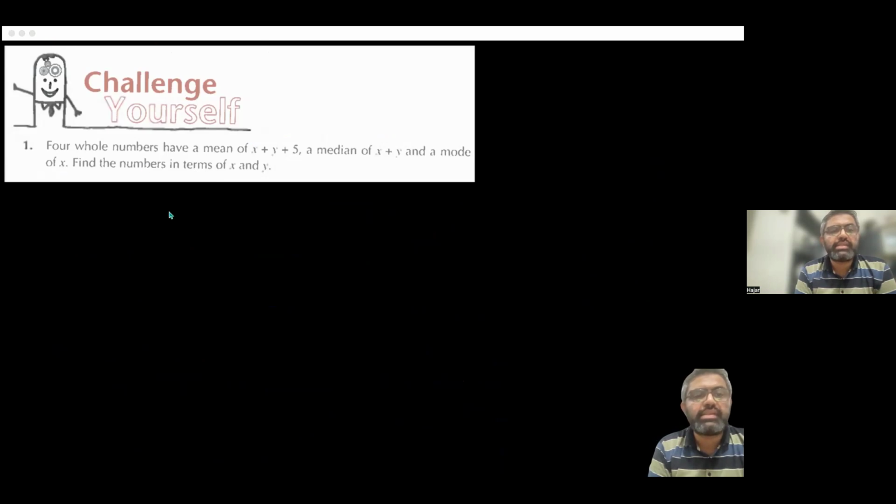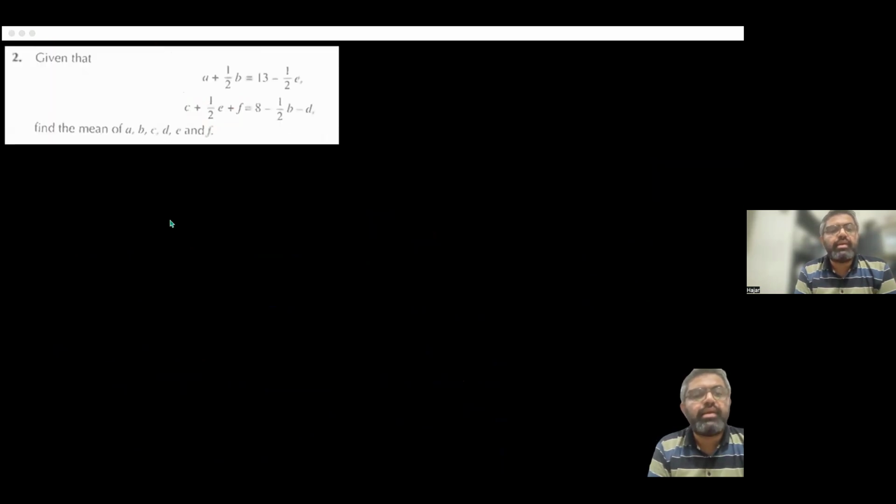Our second question is again about the mean. We are given two equations in terms of A, B, C, D, E, F. For these 6 numbers, we have to find the mean. For the mean, we add all the numbers and divide by the total number of numbers.